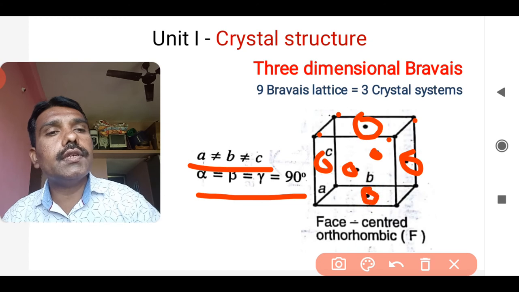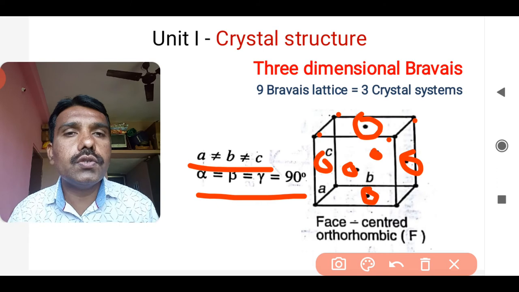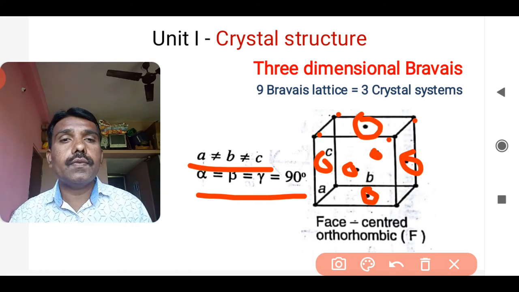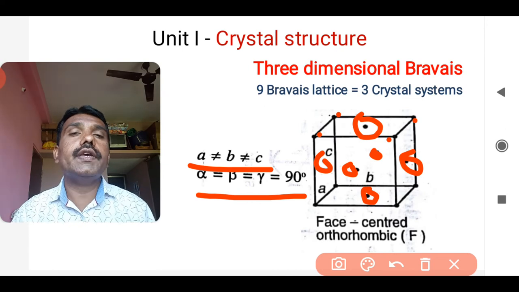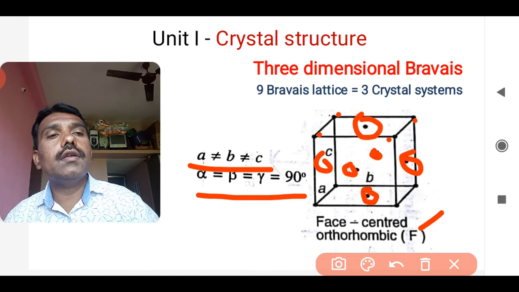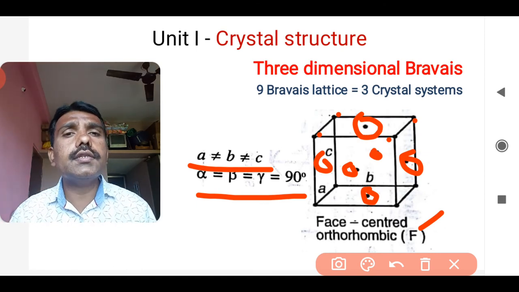There are six surfaces, and each has a point at its center, and that's why it is called face-centered orthorhombic, denoted with F.